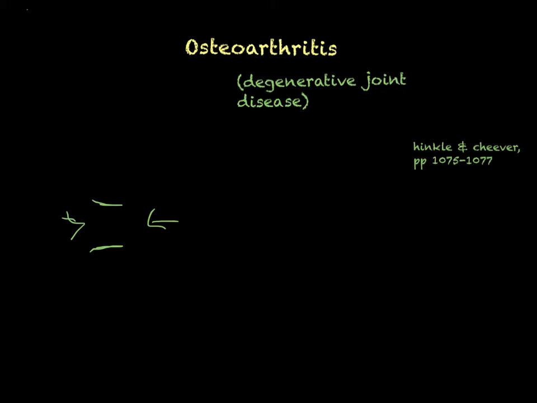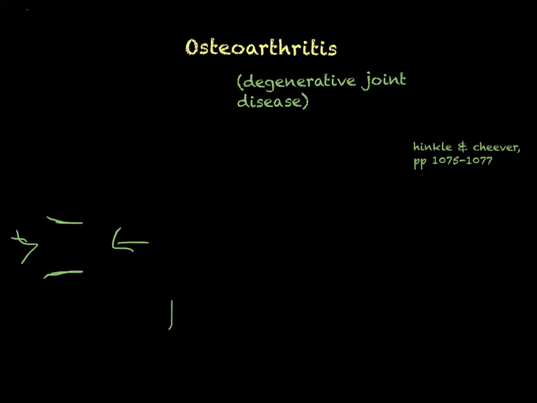Now, with age and with high impact activities, what happens is that the synovial fluid decreases, and then we have degeneration of that cartilage. It starts to wear down or break down. And even though the body will try to replace it, it doesn't replace it as quickly as it needs to.